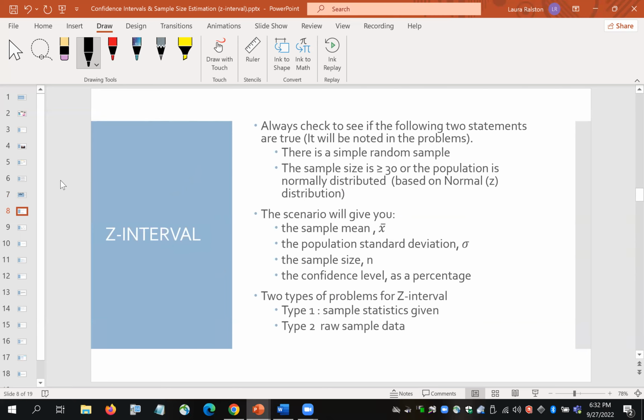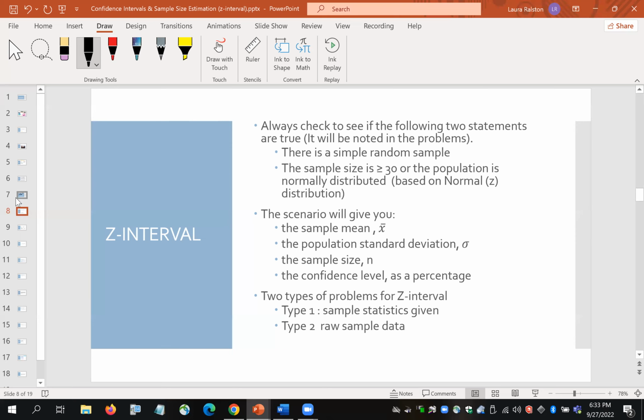So somewhere in the story, it will probably say something about randomly selected people or a randomly selected sample. For our purposes, if it's not noted in the scenario, we are going to assume that it is. Also, we want to consider whether the sample size is greater than 30, or the population is normally distributed.